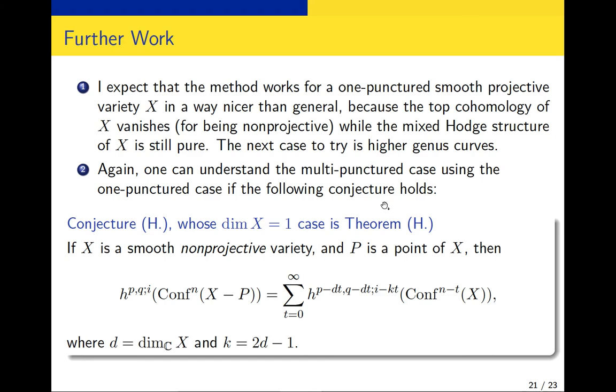And again, one can understand the multi-punctured case using the one-punctured case, if the following conjecture holds. This is the so-called high-dimensional analog of what I said before. The degree shift here all depends on the dimension of the non-projective variety. And we point out that when X is projective, it is known to be false. So the non-projectivity is important.